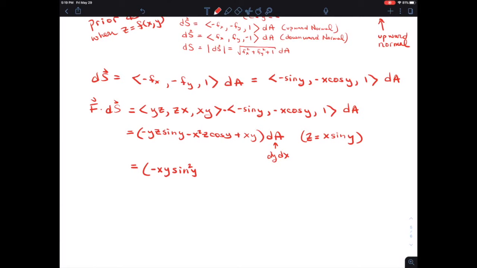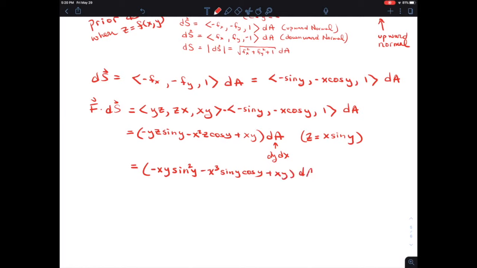Now we've got an x squared z, so that's going to be an x to the third sine y cos y. And then plus the xy, and now dA.